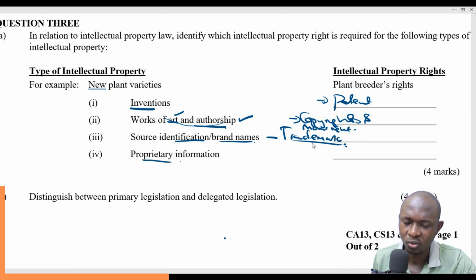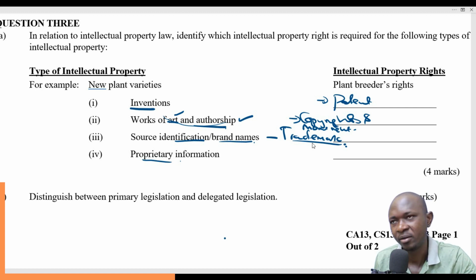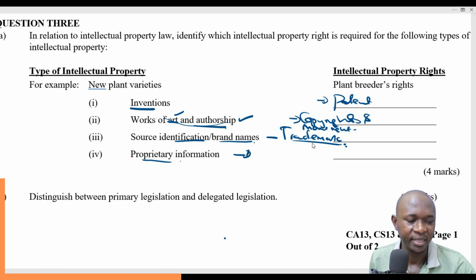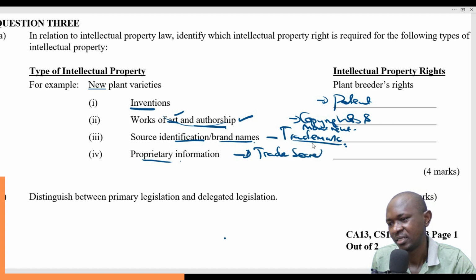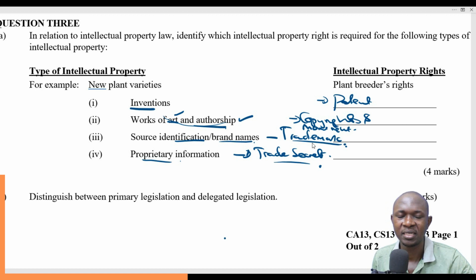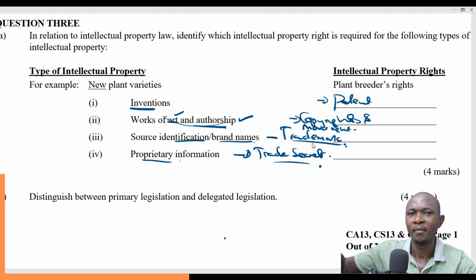Proprietary information. When you come up with proprietary information, like your business, you have some business idea, you have something that keeps the business going, we will go for what we call a trade secret. A trade secret means that it should not pass over to any other person.